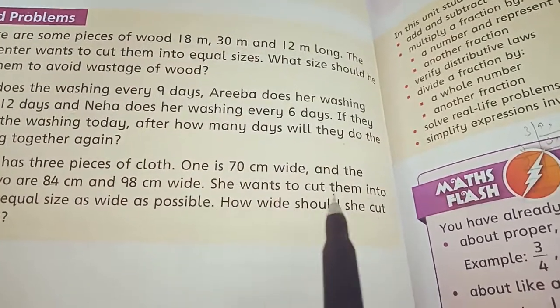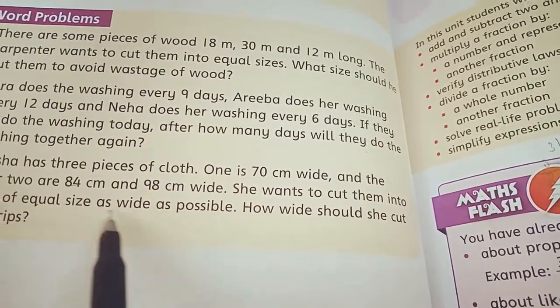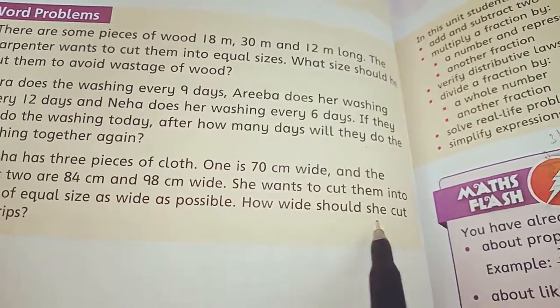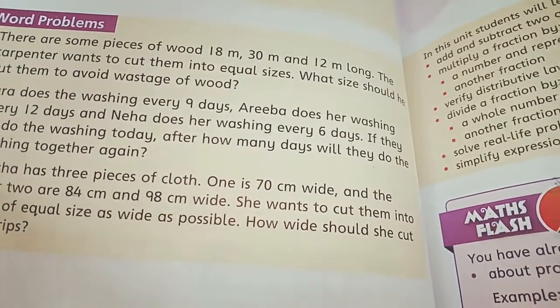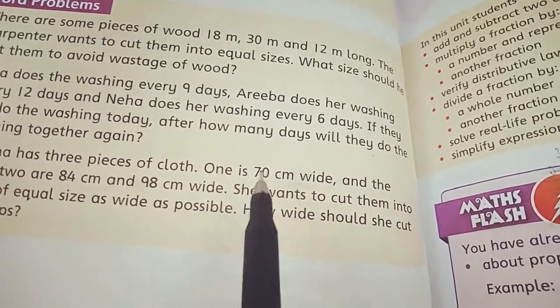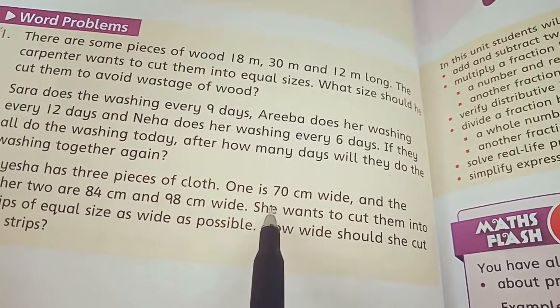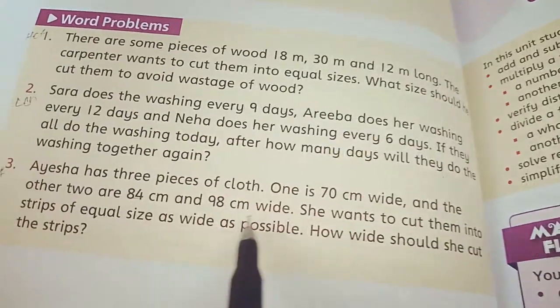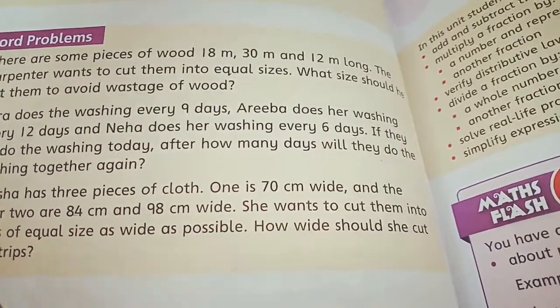She wants to cut them into equal strips, as wide as possible. How wide should she cut the strip? So what should she do? She has to take the HCF first to know which width could be taken.